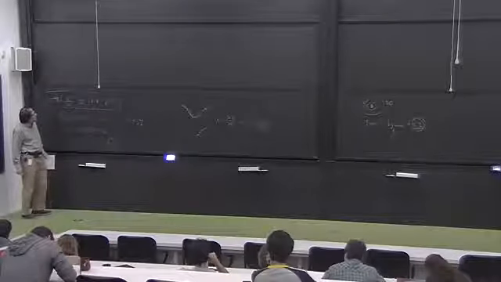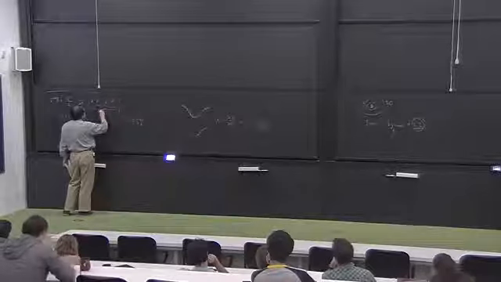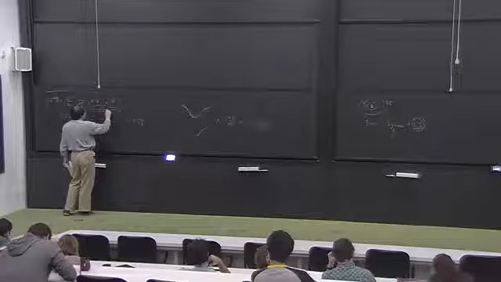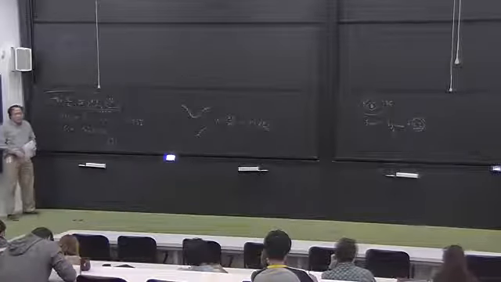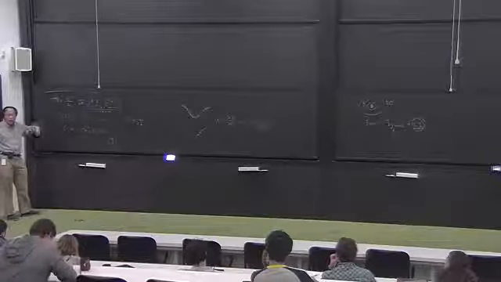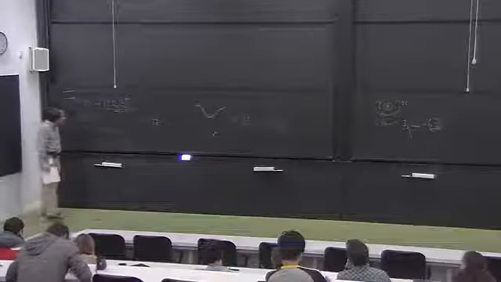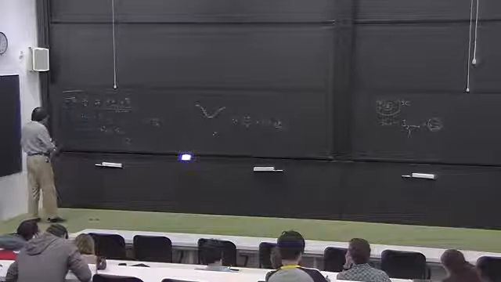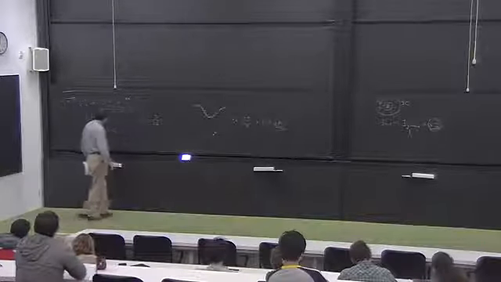And the second point is that this quantity actually is quantized as 2 pi times an integer. I will try to explain why. Okay, why is it 2 pi times an integer? First we have to understand what the C really means.